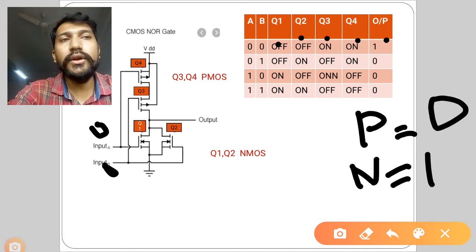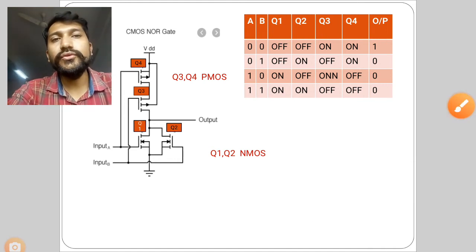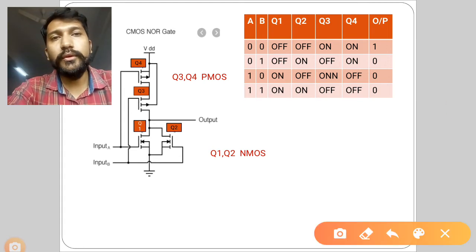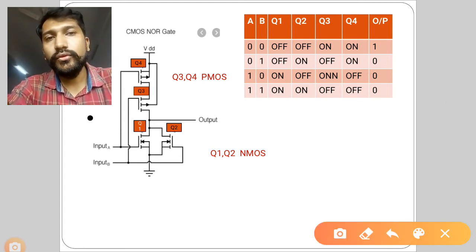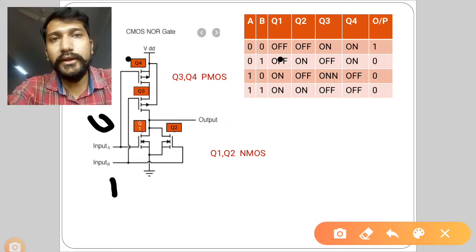Second condition: I will take input as 0 and 1. So one input will be 0 and one will be 1. So I write here 0 and 1. This is my second condition. A is 0 and B is 1. When my A is 0, my NMOS Q1 is going to become off. Next, the same 0 is taken near Q4.